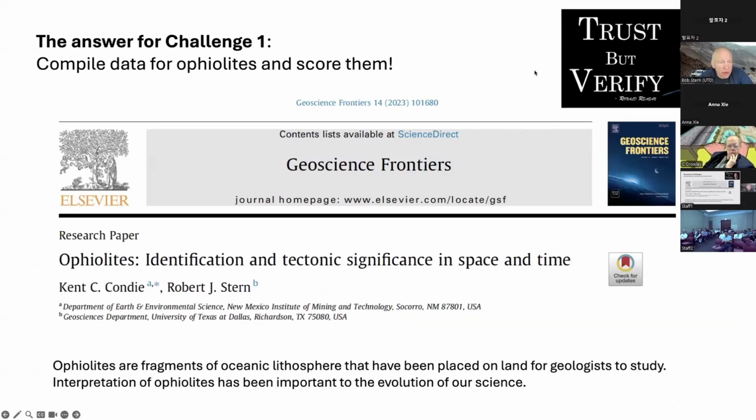So the answer is to compile data for ophiolites and score them. Kent Condie and I last year wrote a paper about ophiolites, and there are many papers summarizing them, but our contribution was to develop a scoring system that would allow anybody to give a score that could be compared with any other ophiolite.